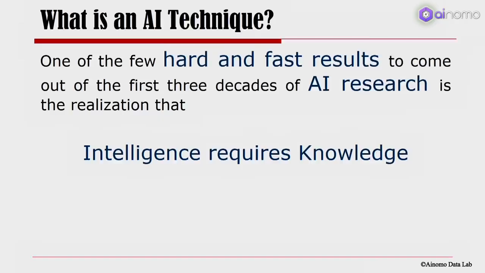One of the few hard and fast results to come out of the first 3 decades of AI research is the fact that any intelligent program that one needs to write requires knowledge. This is a very interesting idea, that knowledge in a program can give rise to intelligence.